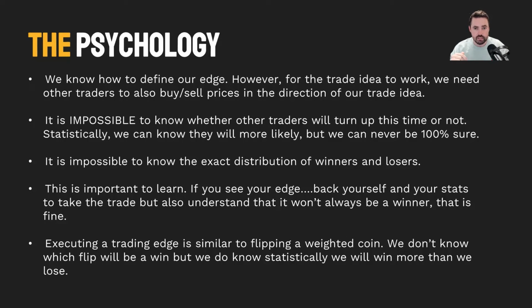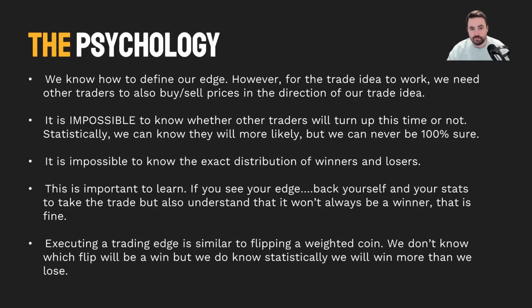Executing a trading edge is similar, and I use this example a lot, to flipping a weighted coin. So here in the UK, for those that are listening, you've got heads or tails on a coin, and before a football game or an NFL game, whatever it might be, the referee will flip a coin in the air and say heads or tails. Now, let's pretend we've got a weighted coin, and 60% of the time, it's going to land on heads.